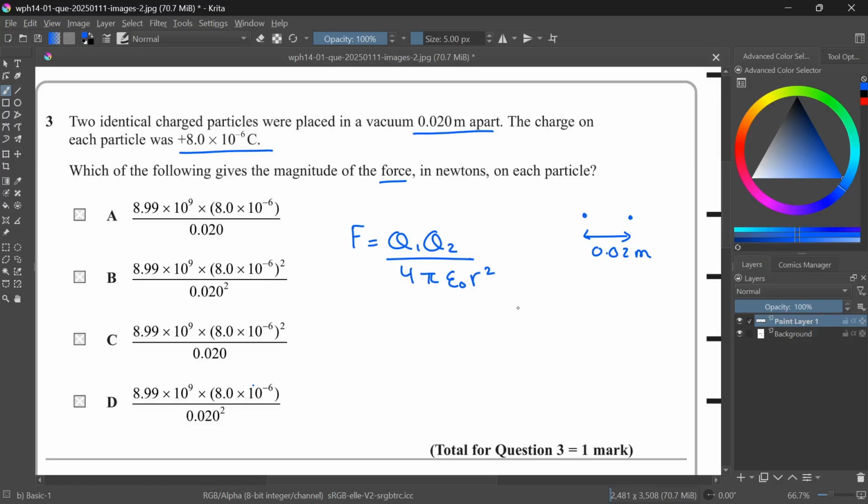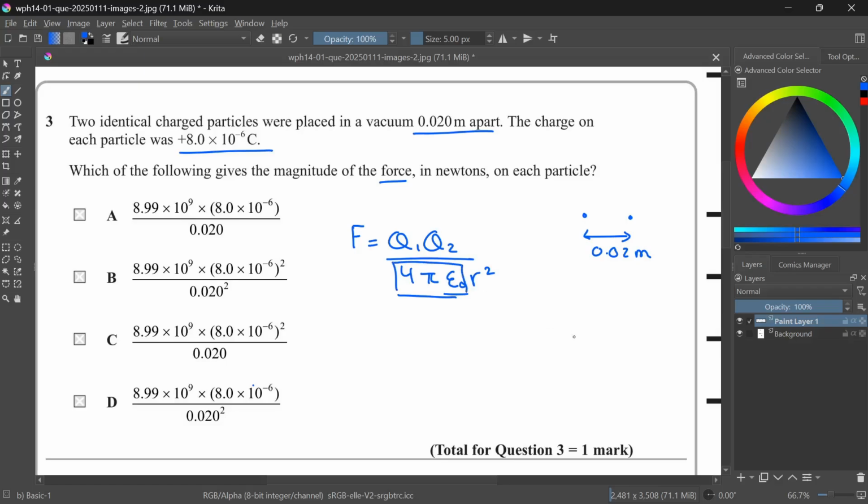Okay, so we will be using this Coulomb's law formula, and some people might think, hey, you do not have the permittivity of free space value. What to do here? In your formula sheet, you have been given the Coulomb's law constant, which replaces this whole thing.